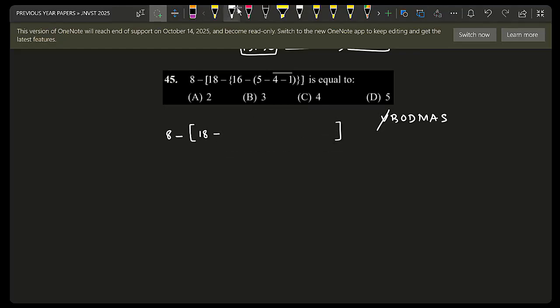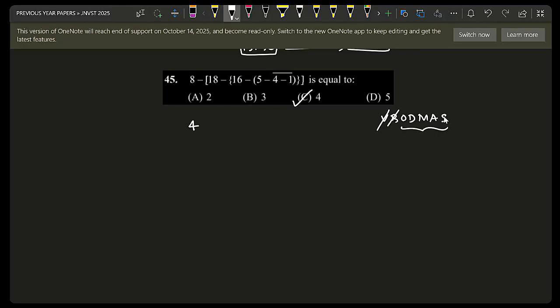I can erase that part and write 14 here. Next bracket is this, 18 minus 14 will give you 4. I'm writing here 4 and erase this completely, 8 minus 4 and you're getting 4 here. The answer is C. So step by step we have used V B O D M A S. The operations together they didn't come, only vinculum and bracket we have opened when we got the answer.